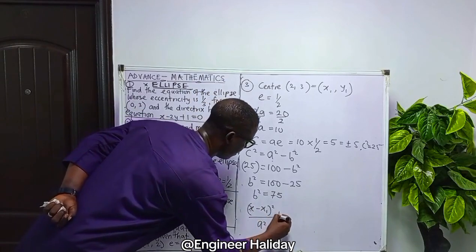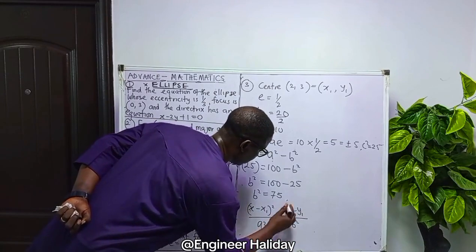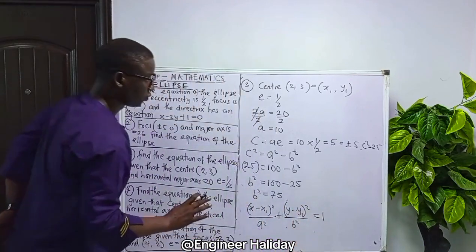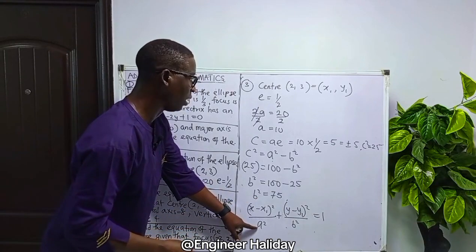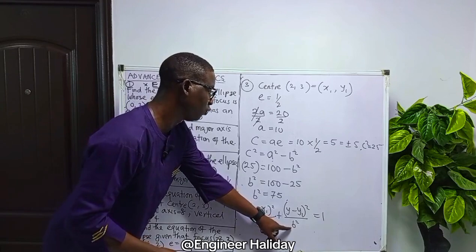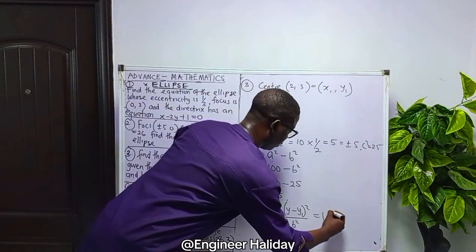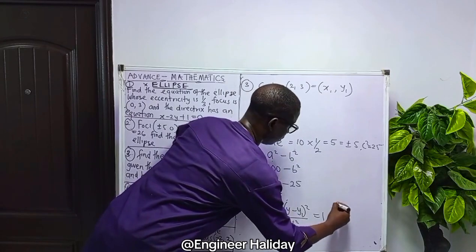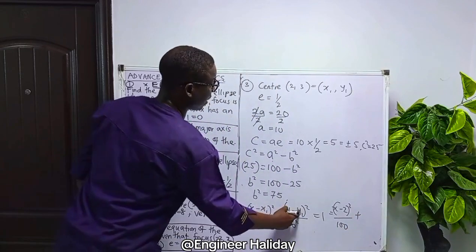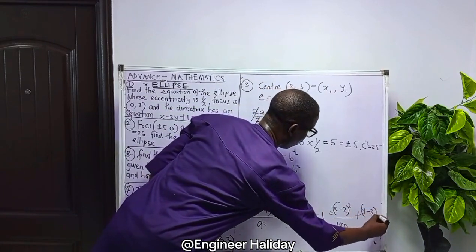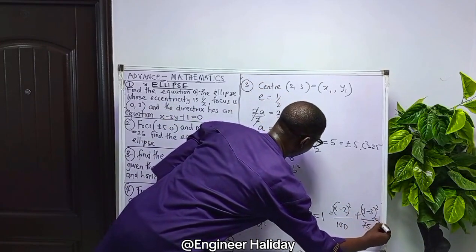So let's take it as (x minus x1) squared over a squared plus (y minus y1) squared over b squared is equal to 1. a squared is 100, b squared is 75. x1 is 2, so we put it there: (x minus 2) squared over 100 plus, what is y1? (y minus 3) squared over 75 equals 1.